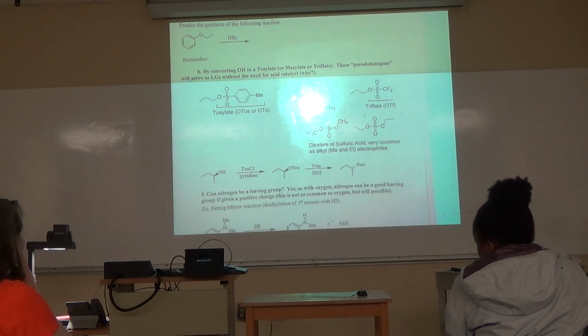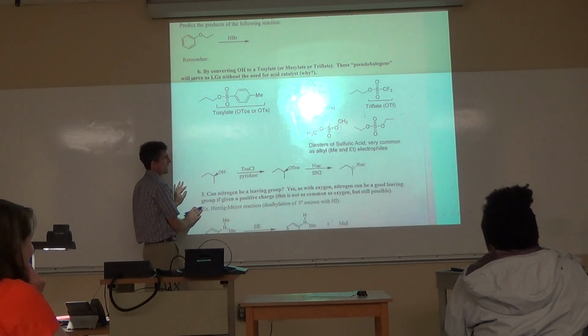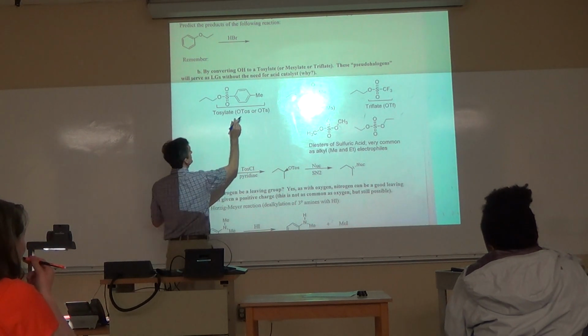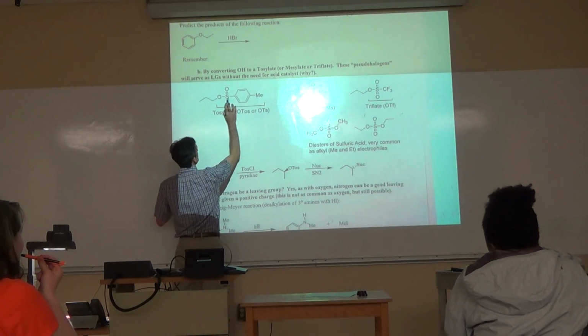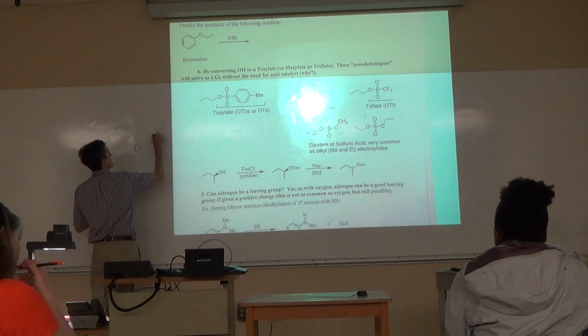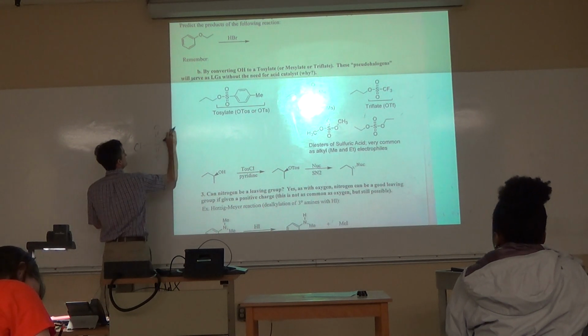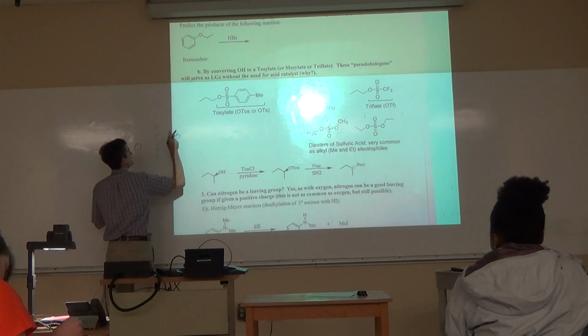Strictly, it's just O-Ts, so in your textbook it's going to say Ts. But I say TOS. Tosyl chloride is just where the tosyl is bonded to a Cl instead. So it's Cl here.